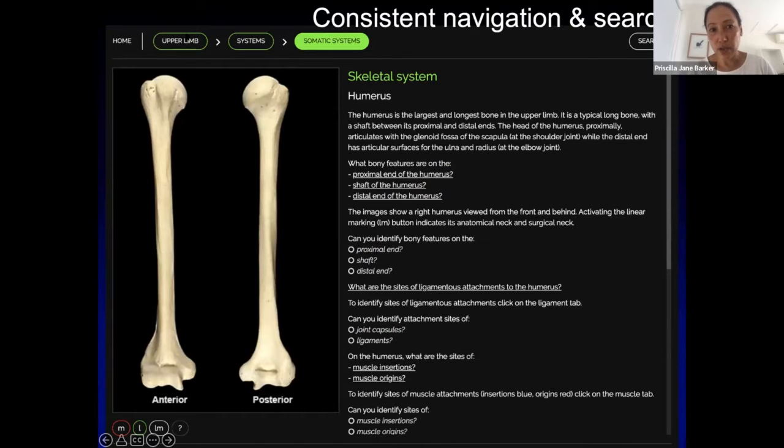So these 3 buttons up the top: the first one tells you which module you're in, the second one tells you which perspective you're in, in this case systems, because we're looking at the bony structures, and the specific part of the musculoskeletal system we're looking at is the skeletal system in the upper limb here.